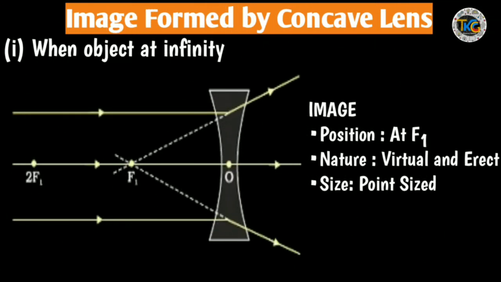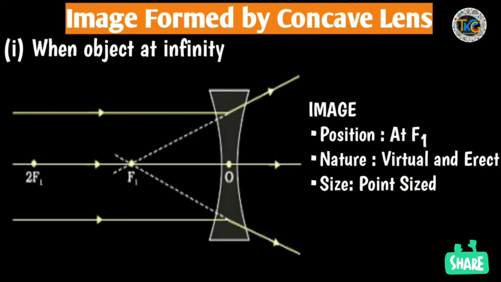Now we have to study image formation by a concave lens. The first condition is when the object is placed at infinity. All of you know that from infinity the rays of light are parallel to the principal axis. So here the rays of light parallel to the principal axis will diverge.